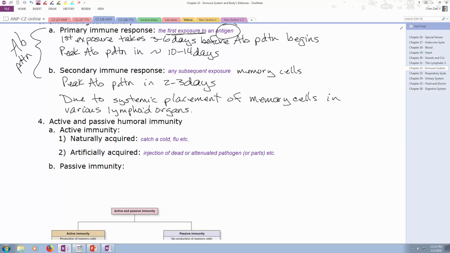And if you have a whole bunch of memory cells all over the place, how many cells are you going to have now compared to the primary immune response? A whole bunch more. So first off, you have a whole bunch more cells out there right away, and if you have a whole bunch more cells producing antibody, what's your peak antibody level going to look like compared to the primary immune response peak antibody level, even though the peak is 2 to 3 days?